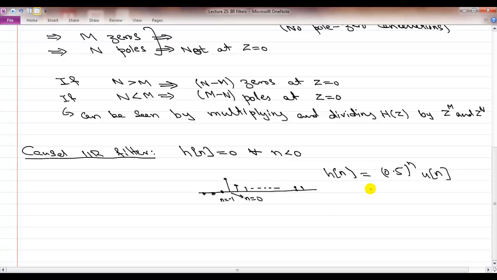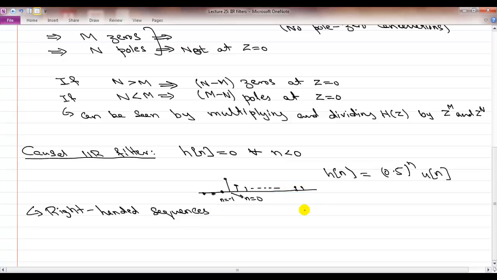Now, these kinds of sequences are called right-handed sequences in the general terminology of Z transform, because they are 0 on the left side. If I put the sequence in front of me, they are 0 on the left side, and on the right side of me, the sequence keeps on going forever. And these kinds of sequences have a very special property in terms of the region of convergence of Z transforms.